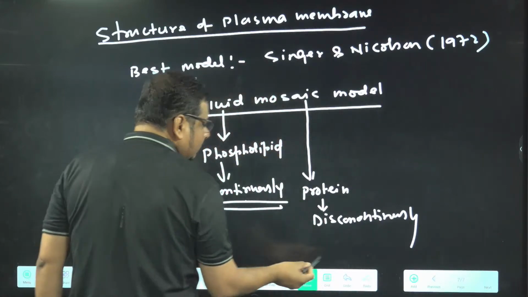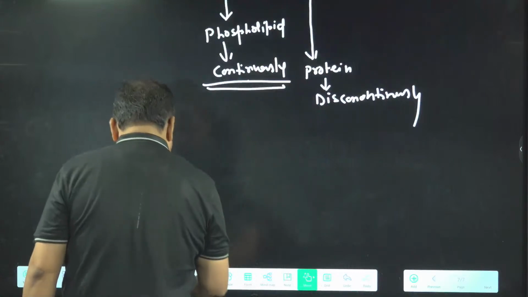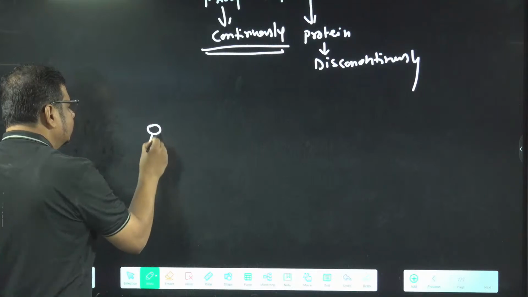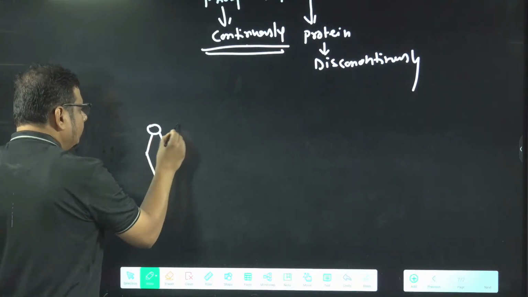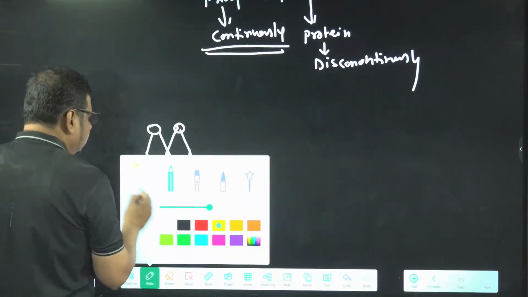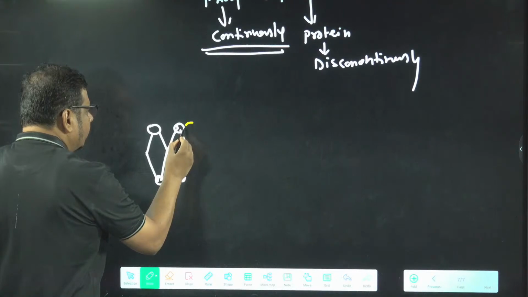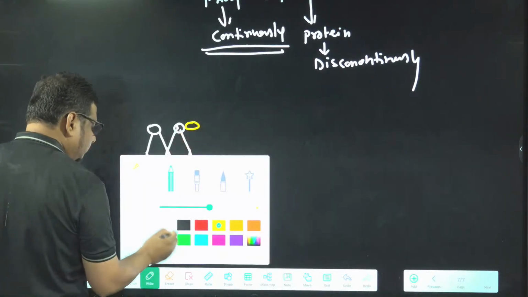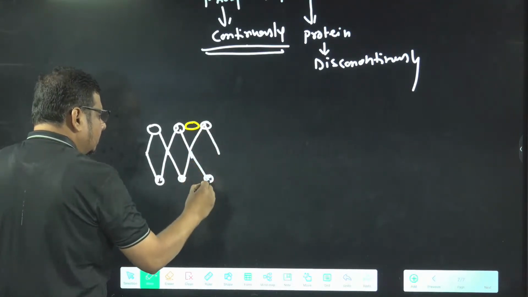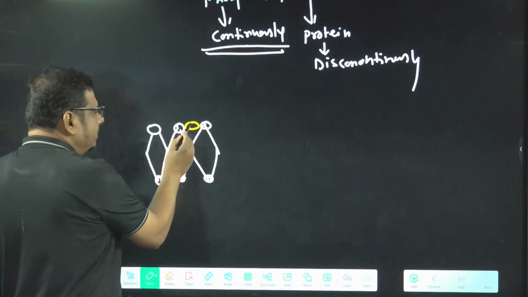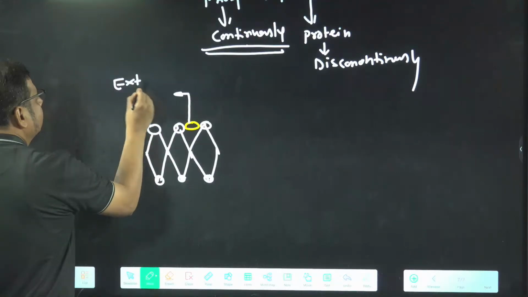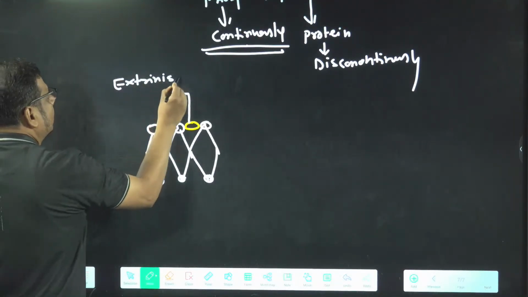Now I am telling you the structure of the plasma membrane. I am drawing it. Look here, this is the phospholipid bilayer. Here I am drawing a protein. What type of protein is this?